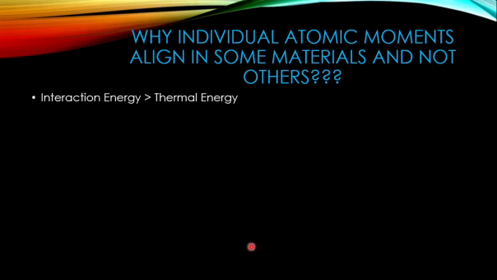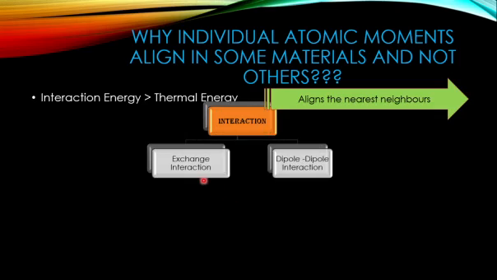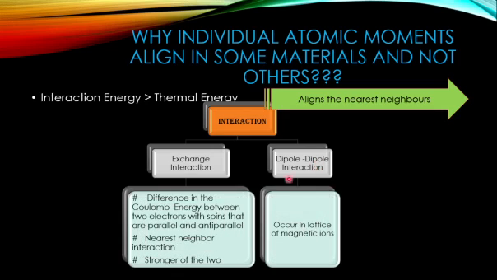It all depends upon the interaction energy between the atoms or ions. If the interaction energy is greater than the thermal energy, then the nearest neighbors are aligned. The interaction is of two types: one is called exchange interaction, the other is called dipole-dipole interaction. In exchange interaction, there is a difference in Coulomb energy between two electrons with spins that are parallel and antiparallel.